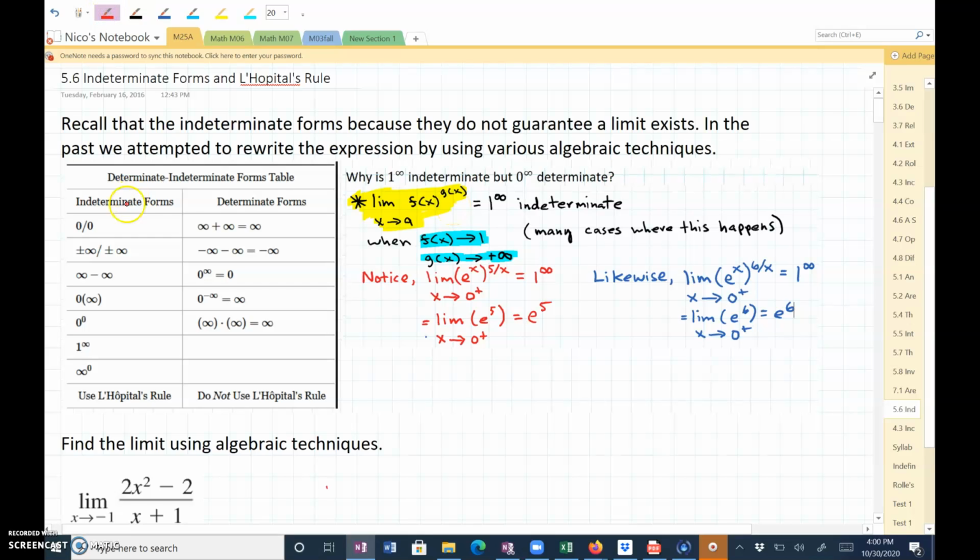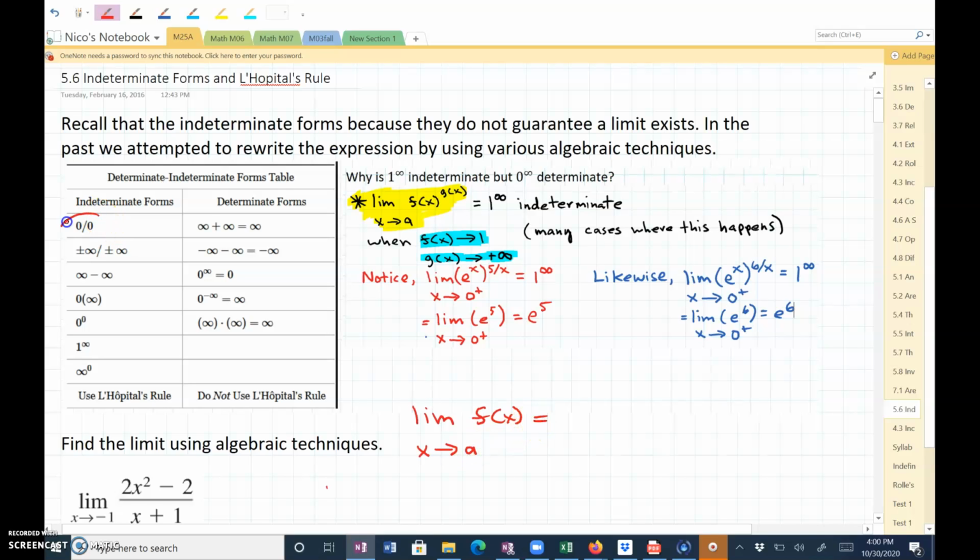So, here are all of the indeterminate and determinate forms for a limit. Let's say you have some limit, we'll call it f of x, as x approaches some number, we'll call it a.